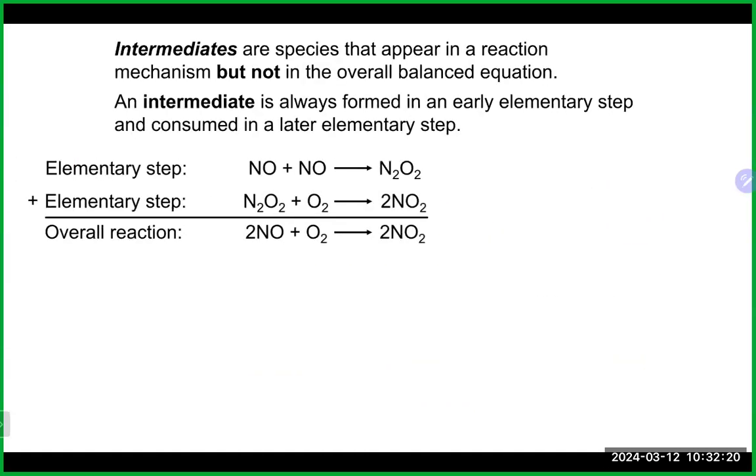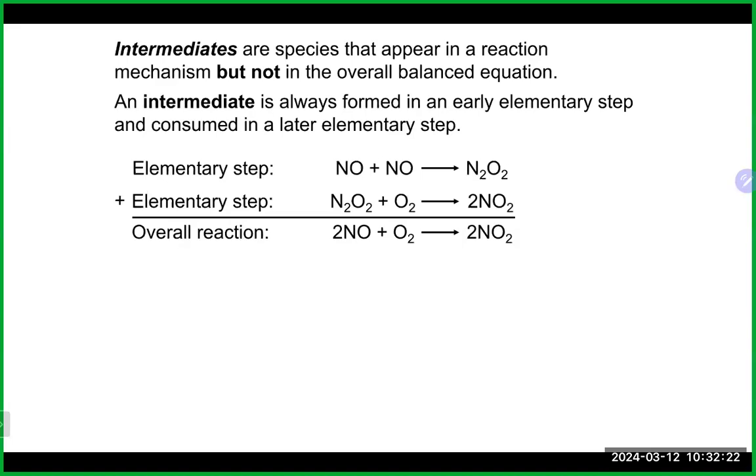So intermediates, like in this case the N2O2, are substances that are made in a reaction mechanism early on, but they do get completely used up by the time the reaction is over, which means they are no longer there at the end of the reaction. So typically speaking, intermediates are not found in the overall reaction. They're a byproduct of how the reaction is happening.